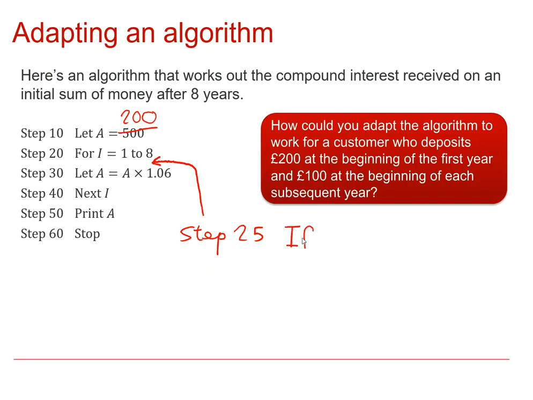So if we say if, and remember that I is counting the years, so we could say if I is greater than 1, and that means that whatever I write after this will only happen when I is greater than 1, so it won't happen in the first year. So if I is greater than 1, then a equals a plus 100, and that should do it.